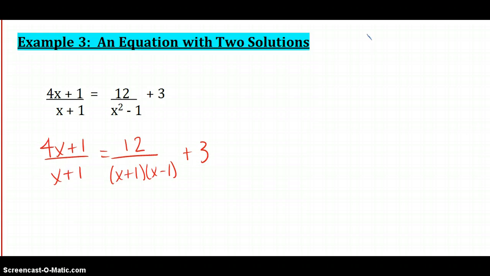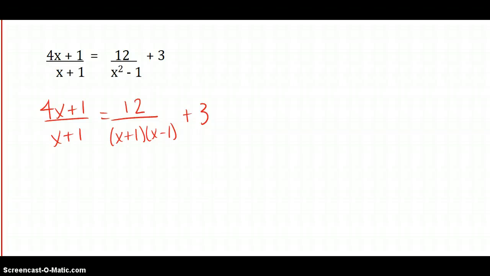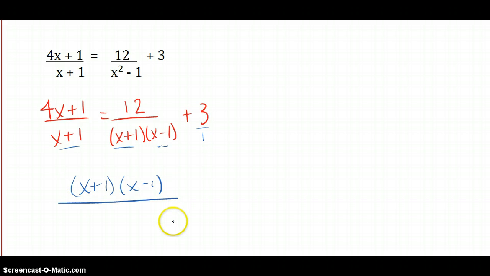So to find your least common denominator, my tip again is to write down the denominators that are in common. So they both have an x plus 1, write that down. And then the leftover stuff. Well, x minus 1 is left over. And that's it, because this is just over 1. So this is your common denominator that you're going to multiply everything by.